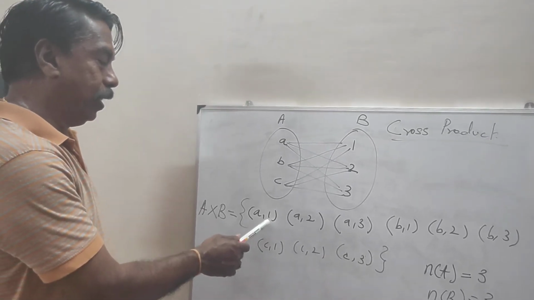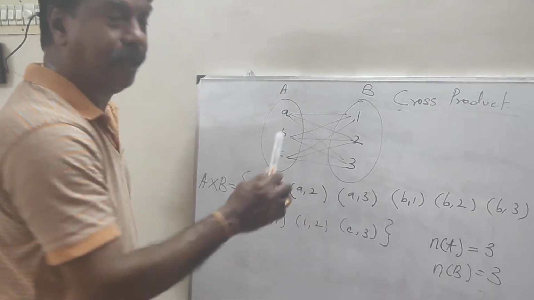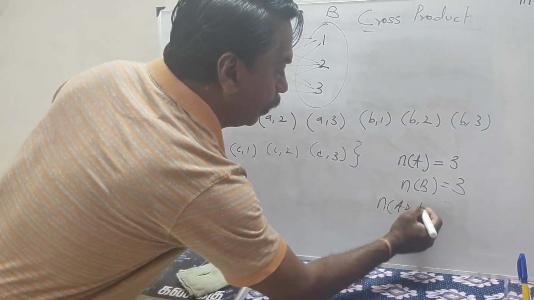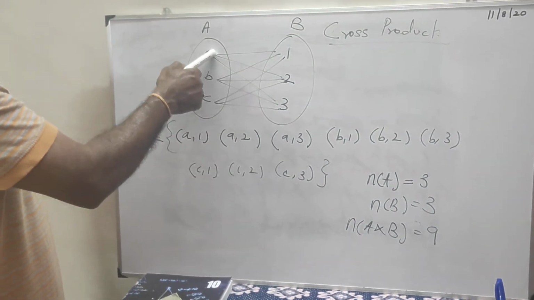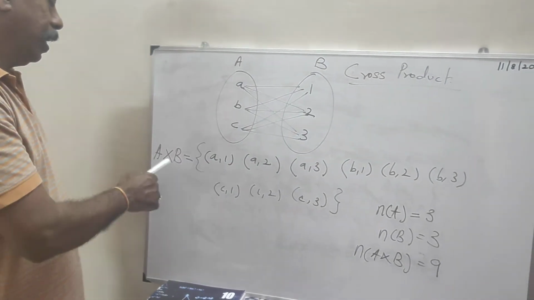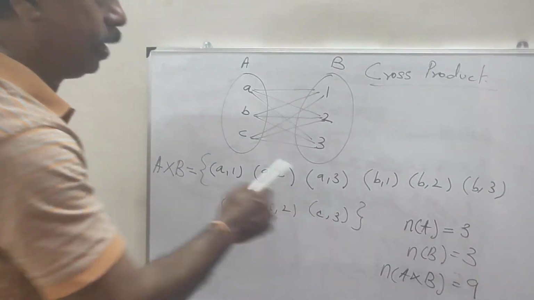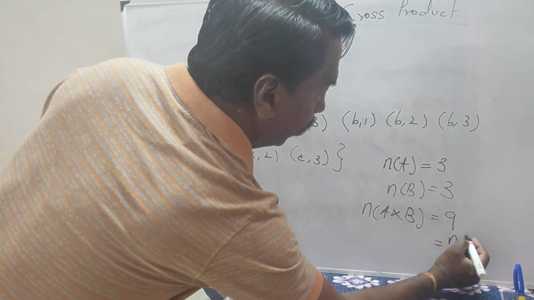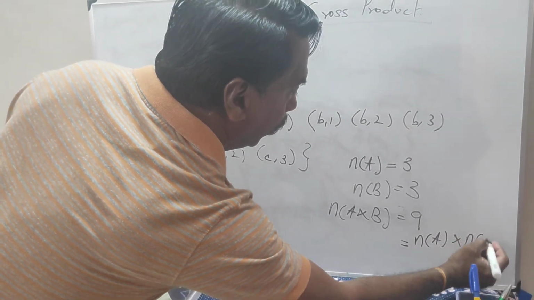We can count and find 1, 2, 3, 4, 5, 6, 7, 8, 9. Therefore, n(A cross B) is 9. So n(A cross B) is nothing but the product of n(A) and n(B).